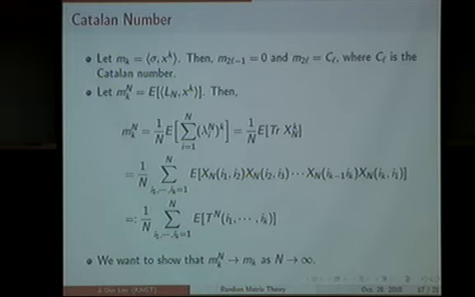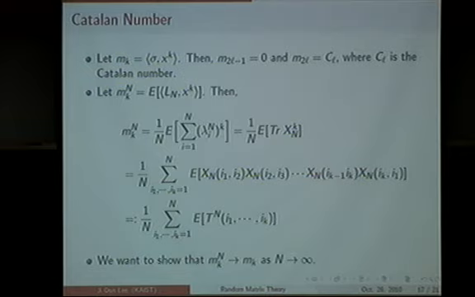If k is even, like 2L, then this integral is C sub L, where C sub L is the Catalan number. So what is the original definition of a Catalan number?